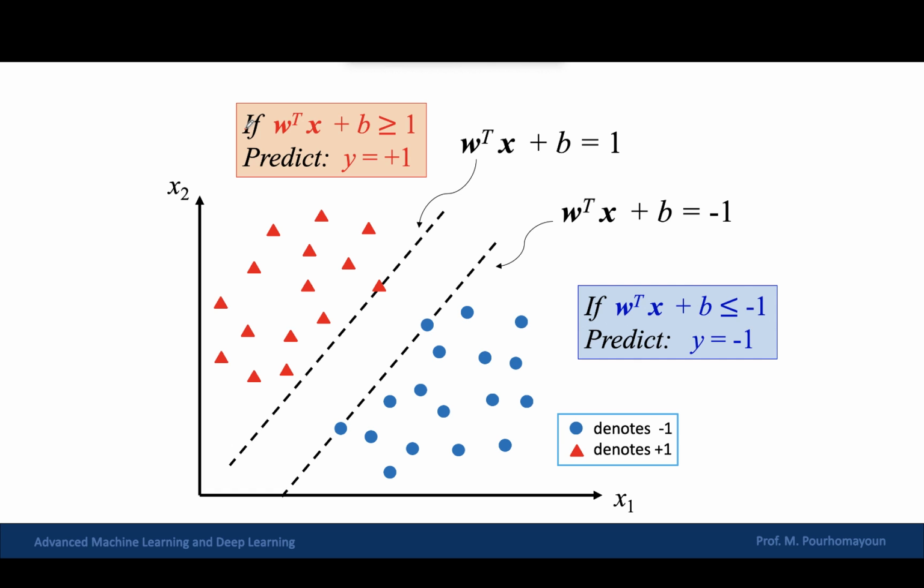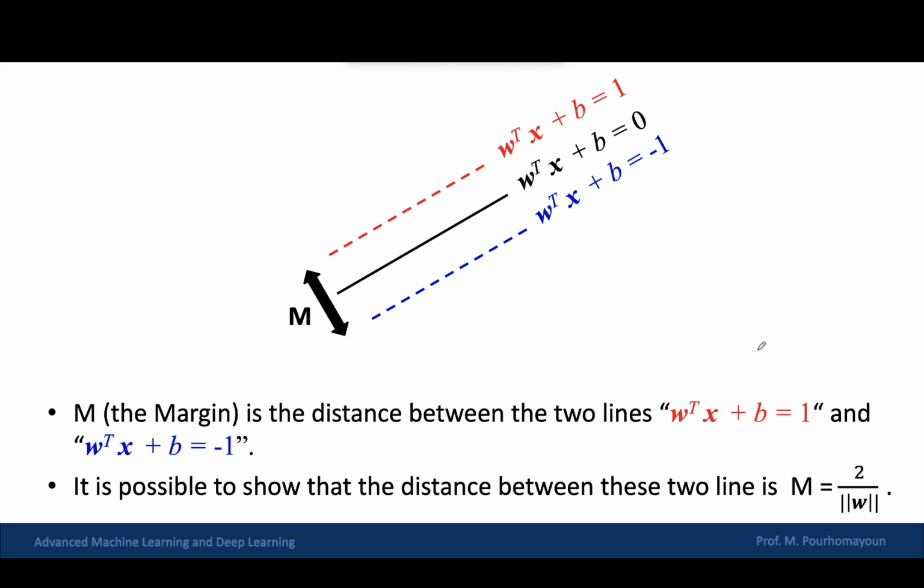This is what we want for every data sample. If this is the condition, so look, I don't compare with 0 anymore. I compare with 1 because this is a line which is a little bit to the left. If this is the rule, I predict 1. If this is what happens, then I predict -1. So this is my prediction.